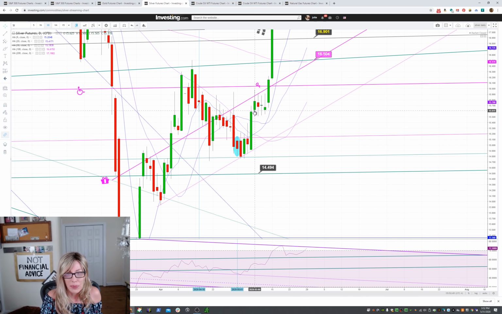Then you can see it was bull flagging again here. Right here, I tweeted again that silver was on the verge, because it would have crossed two of my lines that could intersect here: the gift line and the key line.